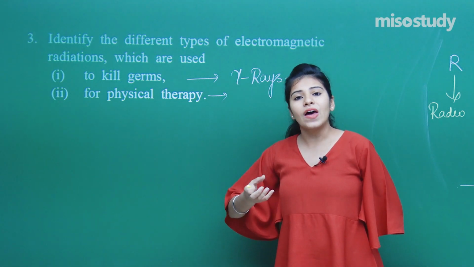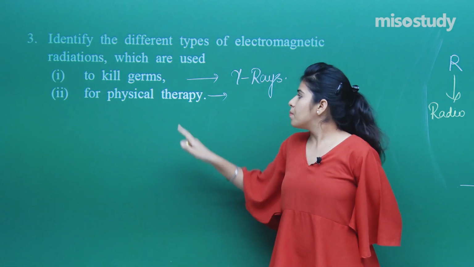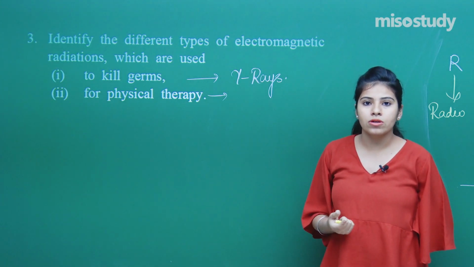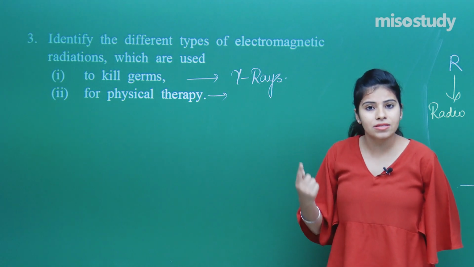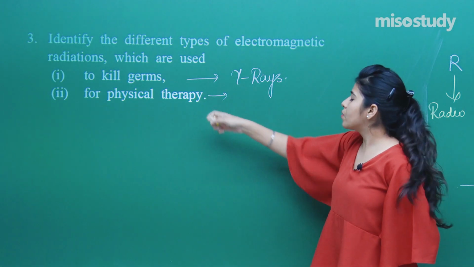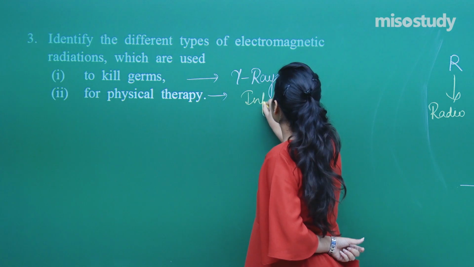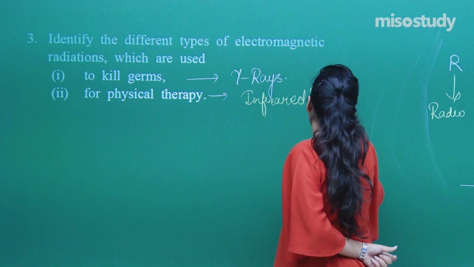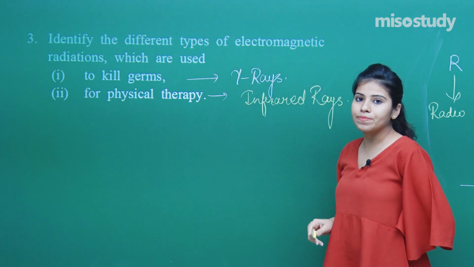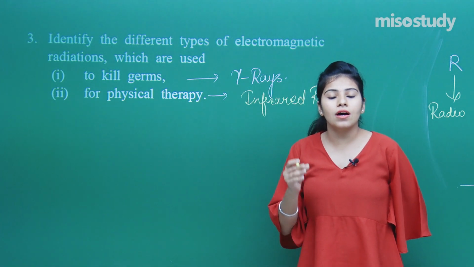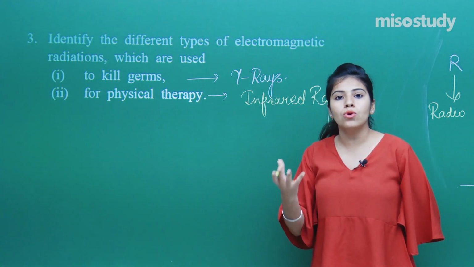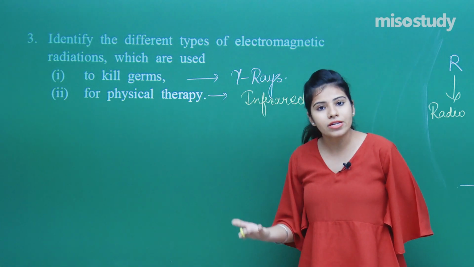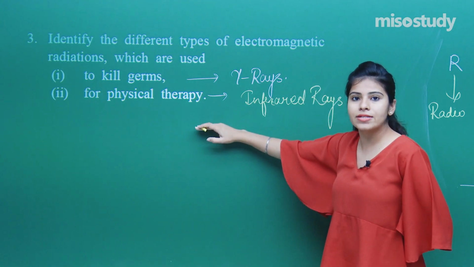You can even write a number of waves over here, because for physical therapy not only one single wave can be used, but because they are asking to write only one, we have infrared rays which will be used for physical therapy, because infrared rays are used to relieve yourself from muscular strain. So, that is why we can say it is used in physical therapy.